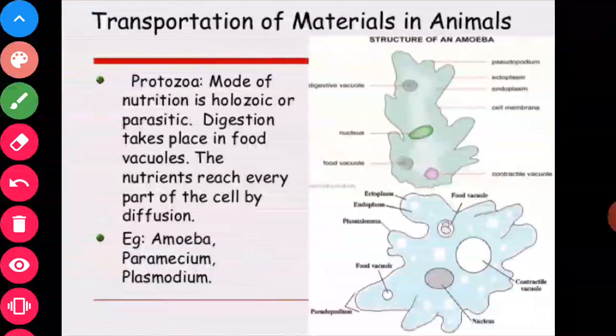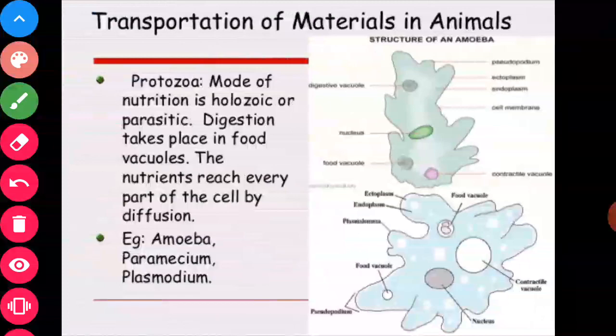Hydra is one of the unicellular organisms. Hydra uses water as the medium of transportation of materials to all the other parts of the body. This water is also used by the hydra for the excretion of waste materials from the body. As far as the multicellular organisms are concerned, they have a specially designed transport system.